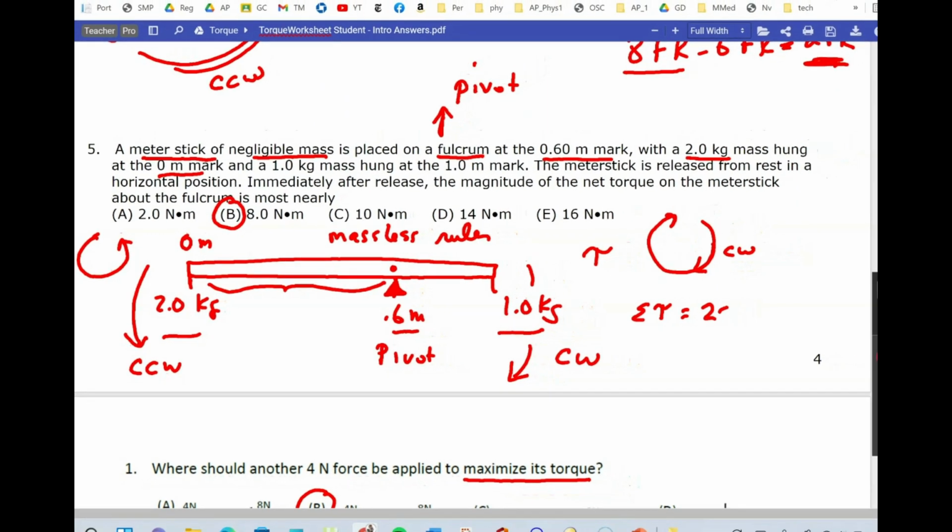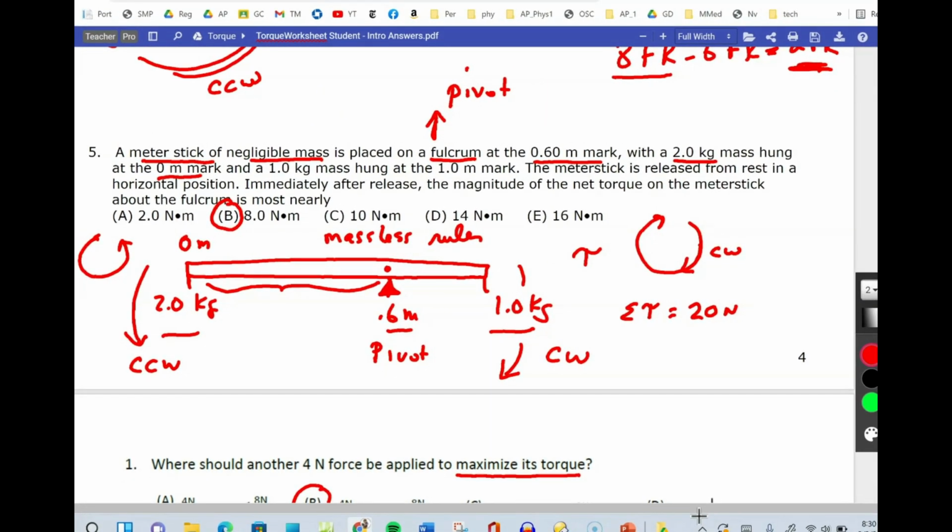So 2 times 10, gravity, is 20 newtons. What's the moment arm? 0.6 is the moment arm, in meters, right? Okay. And the negative one is over here. This is the moment arm, 0.6 to 1. This is placed at the 1 meter mark. So the force is 10 newtons, and the moment arm is 0.4 meters, because it's 0.6 to 1 meter.